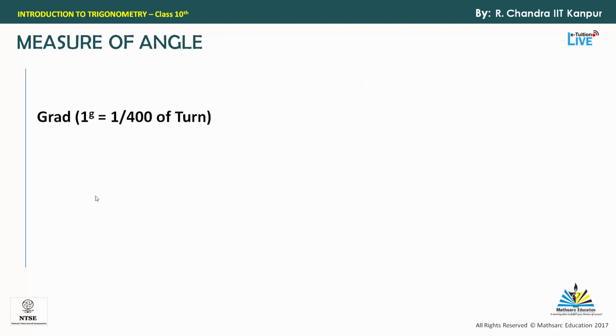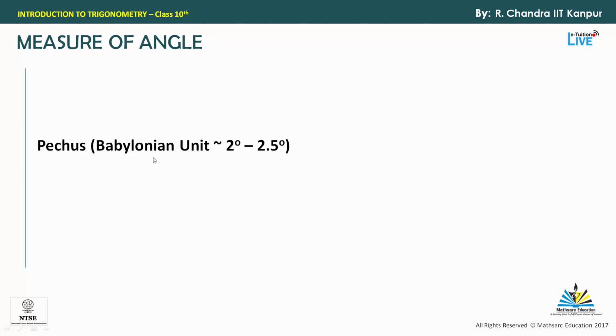Next we have grade, or we can say gradient, and that is 1 by 400 of a turn. What people did is they divided a quarter, or right angle, into 100 equal parts, and that one part is called a grade. Next we have the Babylonian unit, pitches, which is equivalent to 2.5 degrees at that time.